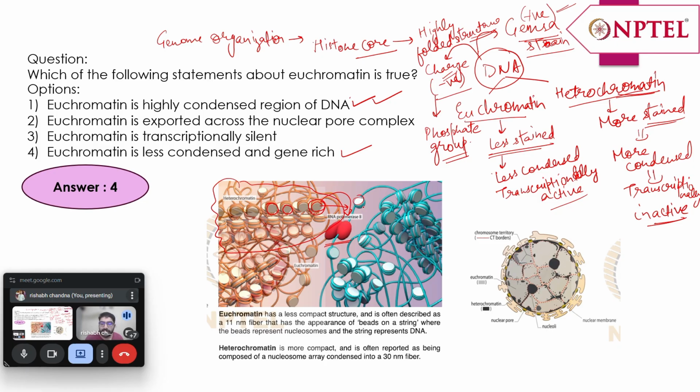Okay, so what happens is, in a highly transcriptionally active cell, there would be more amount of euchromatin. That means all the genes that produce proteins will be present in a euchromatin region, where they will be actually doing the expression of the genes.